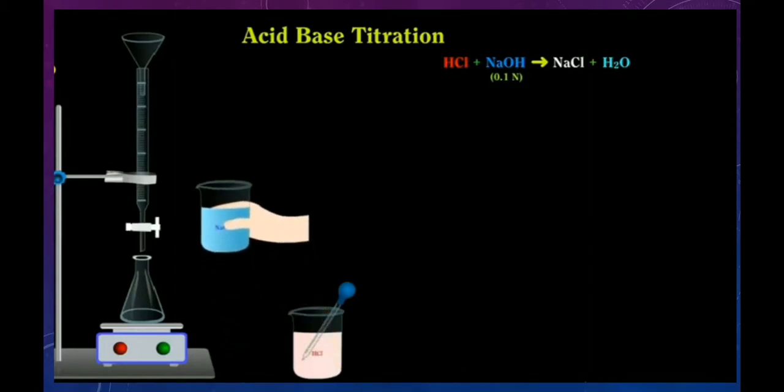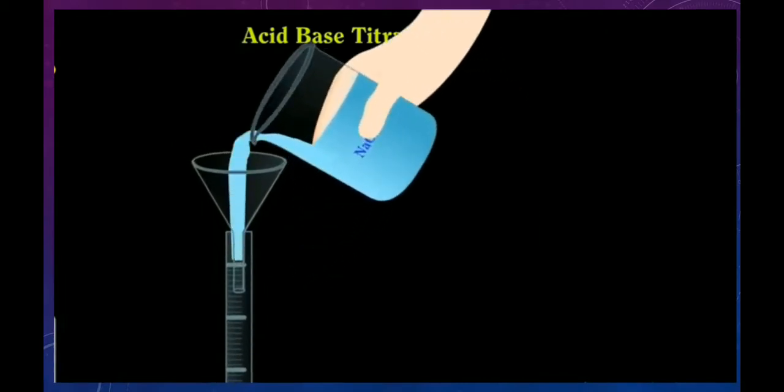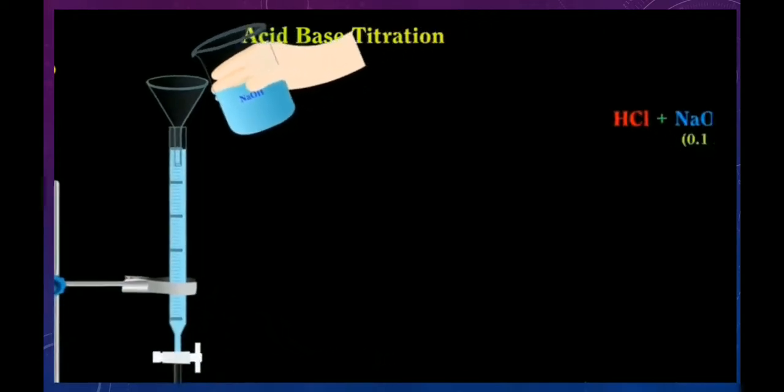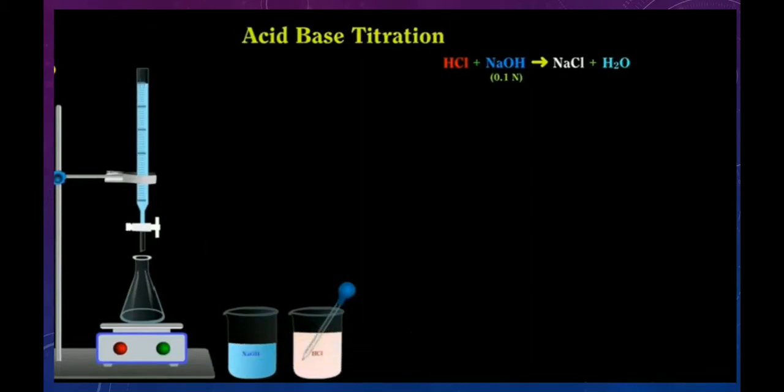First of all, put NaOH solution of known concentration into a 50 ml burette with the help of a funnel. Then transfer 10 ml of HCl solution to the conical flask with the help of a pipette.